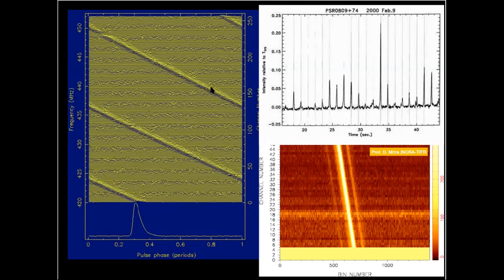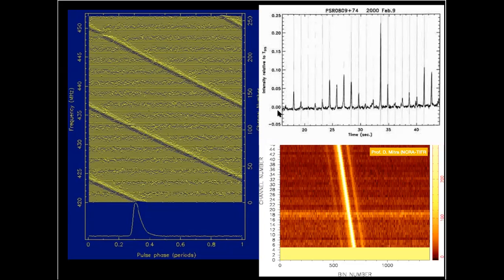So it essentially means that the intensity, if you look at it as a function of time, doesn't remain constant, but with time there is a pulse of emission, then it goes to zero, then another pulse of emission, and it goes to zero again. It happens like that.